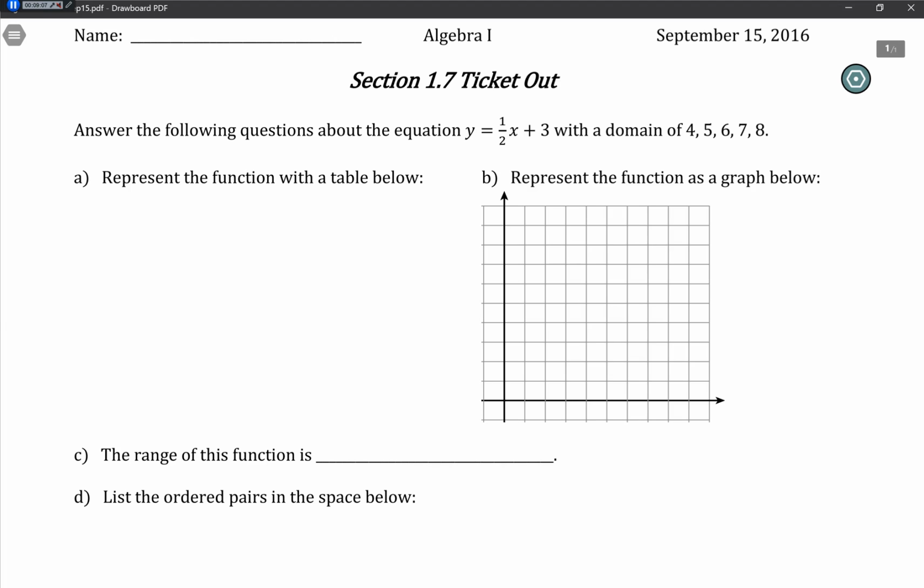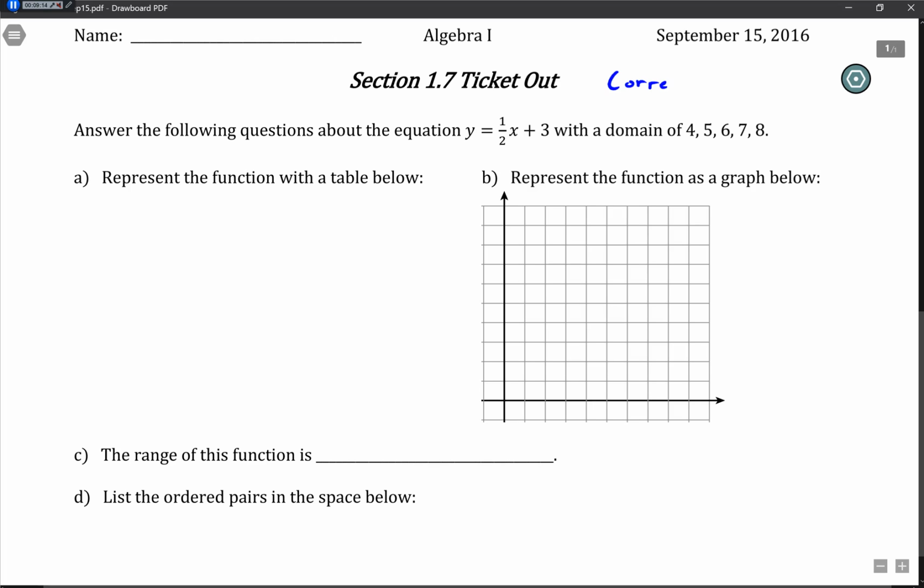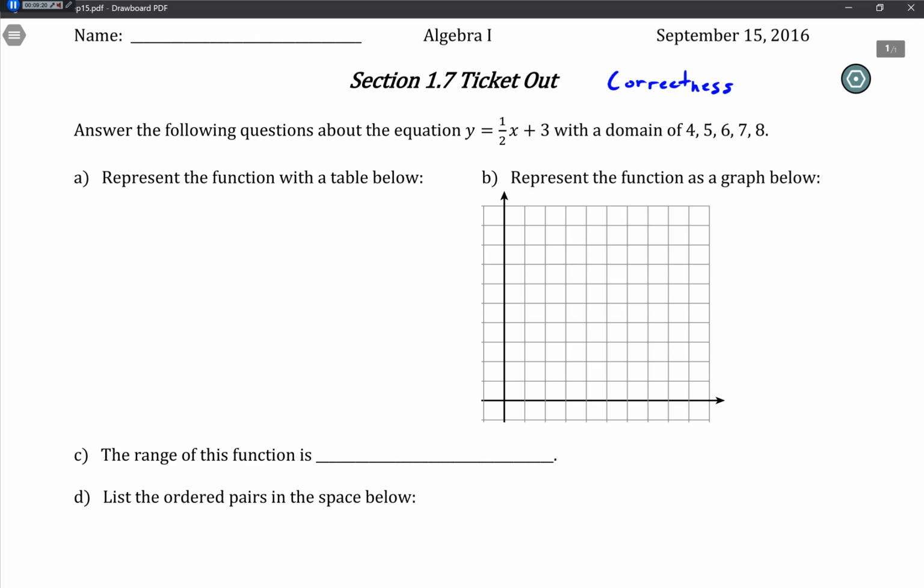I then am going to get them when I come back to school on Monday, and I am going to grade them, and yes, I will grade them for correctness. So what I want you to do is do a really, really good job on this ticket out. I use it to see if you understood the lesson, and that's why I grade it for correctness. This will go into like the daily question category probably, or maybe like the classwork category in your grade book. So it's a very small grade, but do a good job on it because I am grading it for correctness.